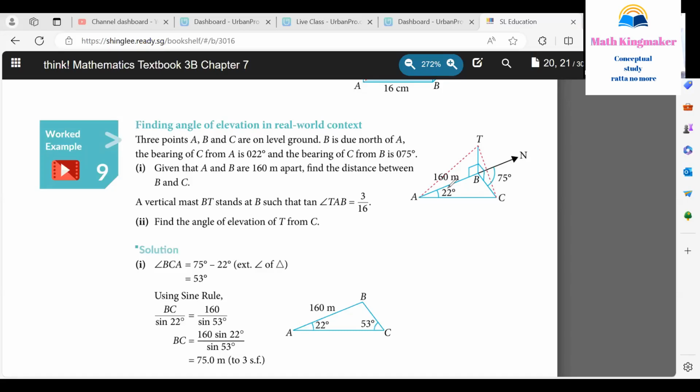Now distance is also given. A to B is 160 meters, and the distance between B to C, how are you going to find it? BC. Sir, we have two angles, one side, so sine rule, I think.